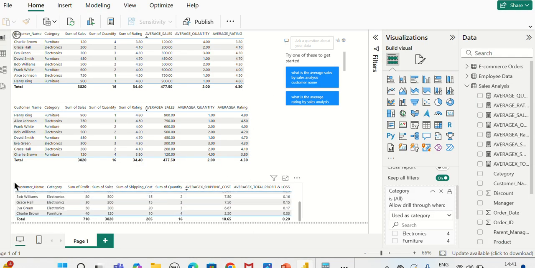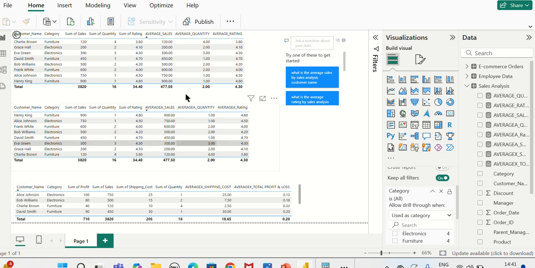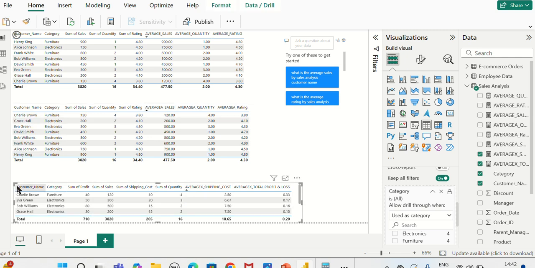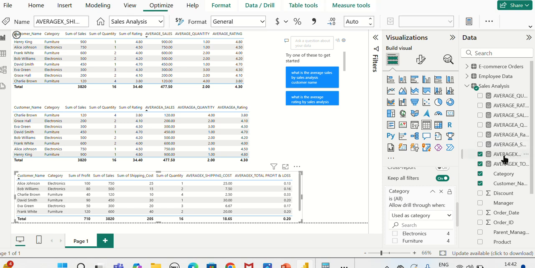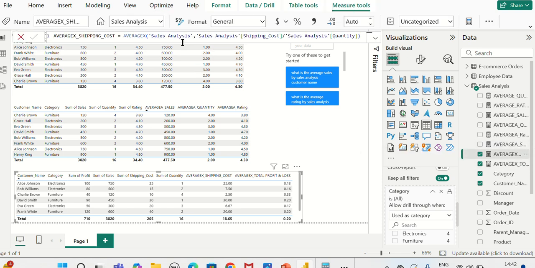So this is our table. See here, this is the average sales Average table. This is the AverageA table. This is the AverageX table. Now you see this. Let me show you my formula first. See what formula I've used.